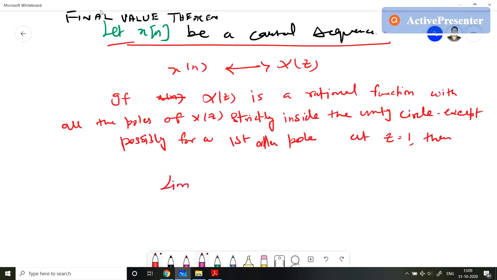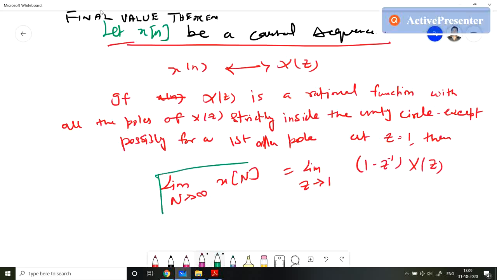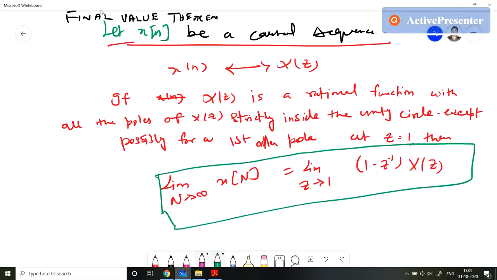We are getting limit n tends to infinity xn is equal to limit z tends to 1 of (1 minus z inverse) into X(z). So this is the relation: limit capital N tends to infinity x(N) is equal to limit z tends to 1 of (1 minus z inverse) into X(z).